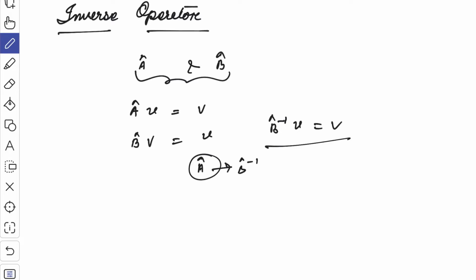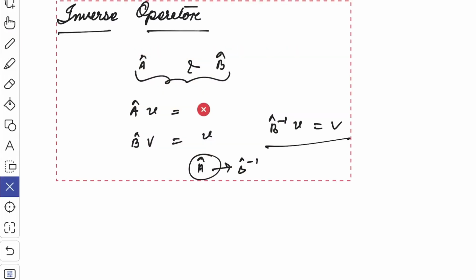So hope you have understood what is an inverse operator. Let me write the definition here.